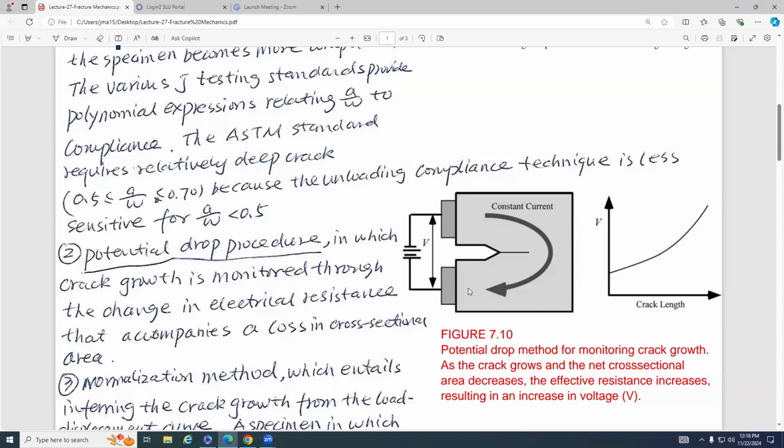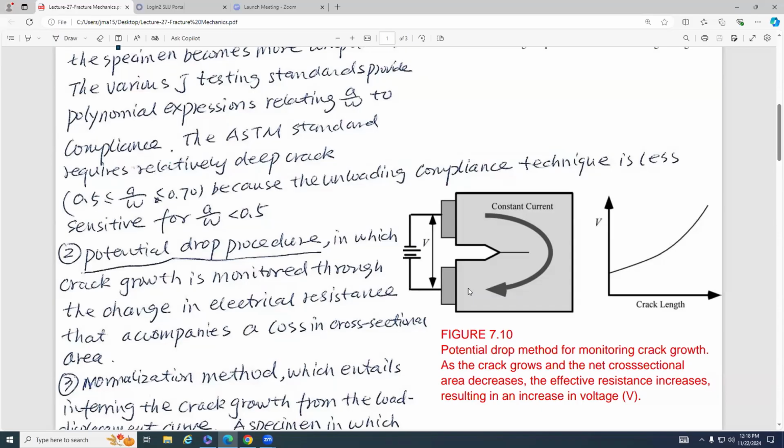Right? Even though we have a very sharp crack, the bottom surface and the top surface are electrically isolated. You should know that, okay? You should know that.